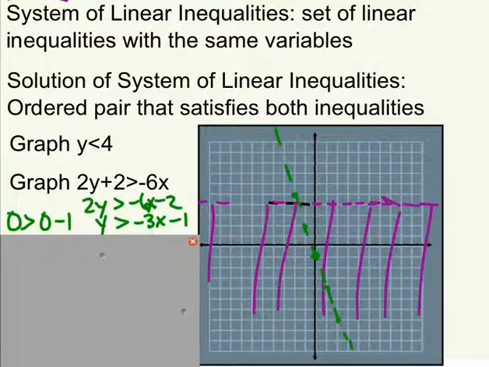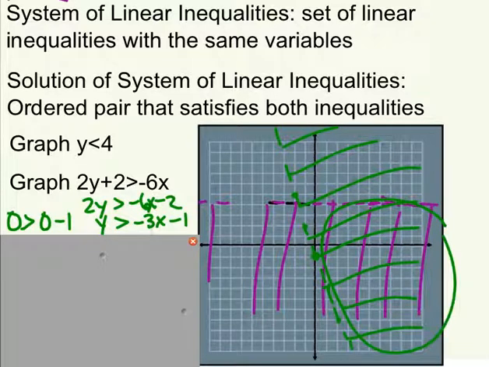So is 0 greater than -1? Yes, it is. So we shade towards (0, 0), which means we're going to shade this way. We're going to include (0, 0) in our graph, which means all of this part right here is the solution to our system of linear inequalities.